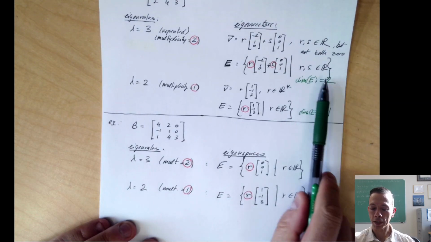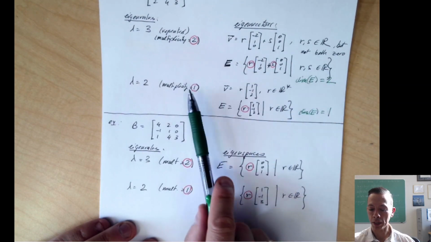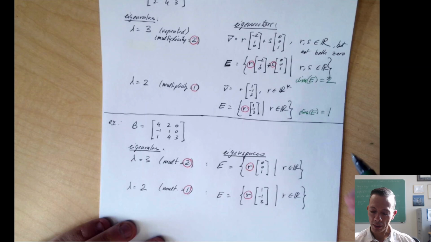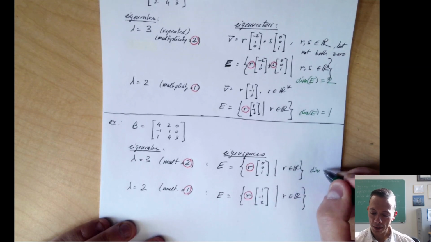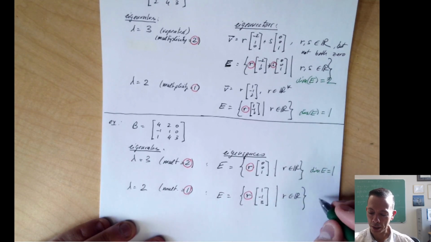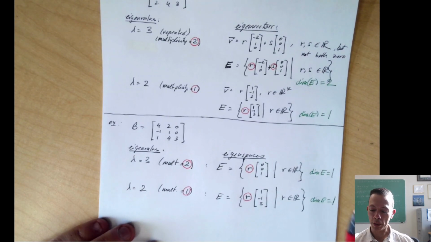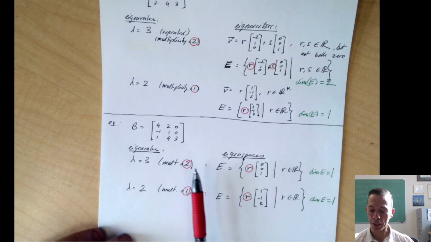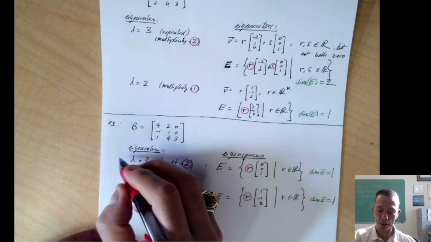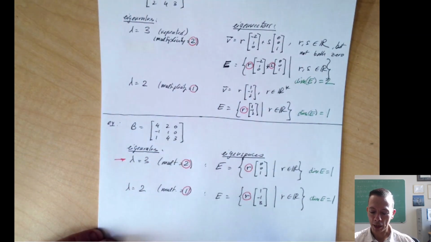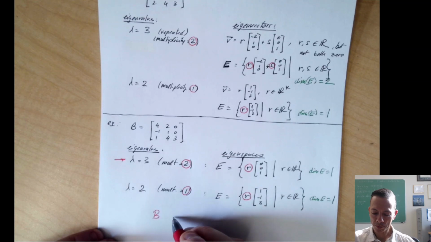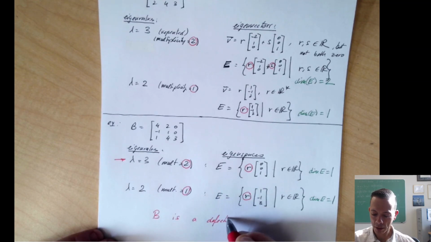So the dimension of the eigenspace matches the multiplicity of the eigenvalue here. In this case, the dimension of E is 1 in both cases. So there is a mismatch between the dimension of the eigenspace and the multiplicity of the eigenvalue in this case right here. When that happens, we say that B is a defective matrix.